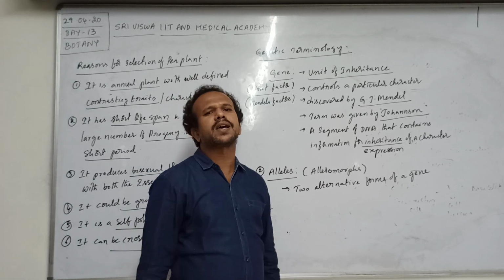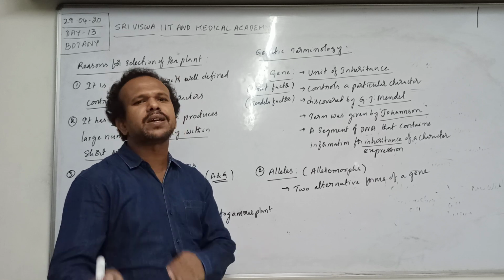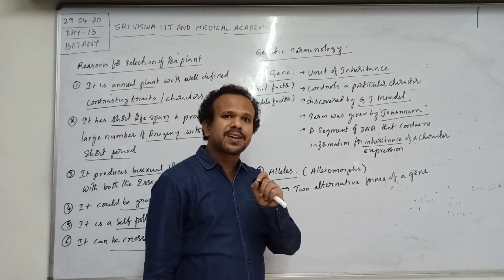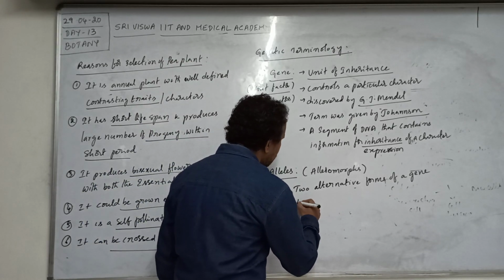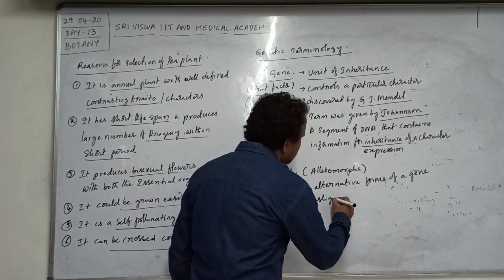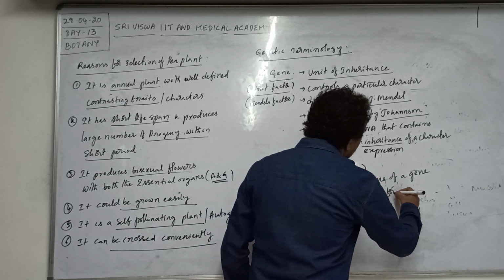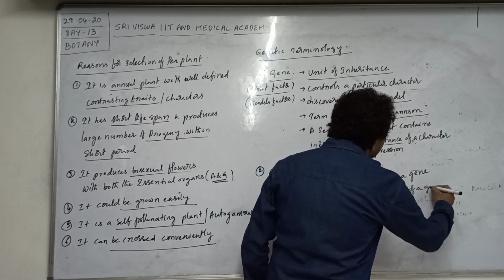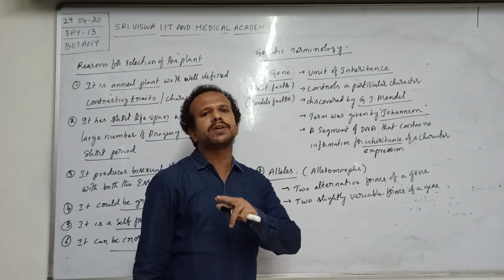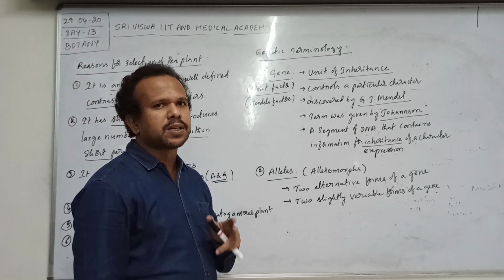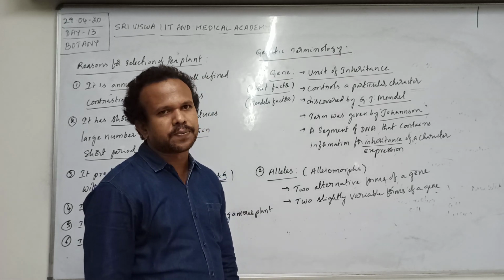Each gene has two or even more alternative forms, slightly variable forms of a gene. Such two alternative forms of a gene are called alleles or allelomorphs.